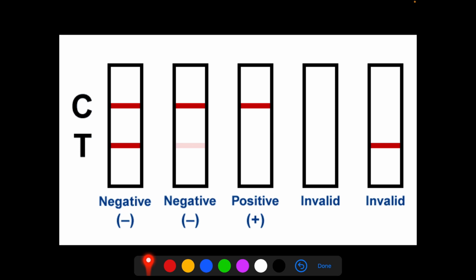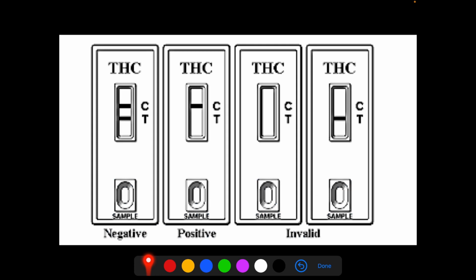This one again is valid because it has a control line. This is invalid because it doesn't have a control line. Same with this one. No matter how faint it is, it will be considered a negative result. Without a line, it's positive. Also this one.